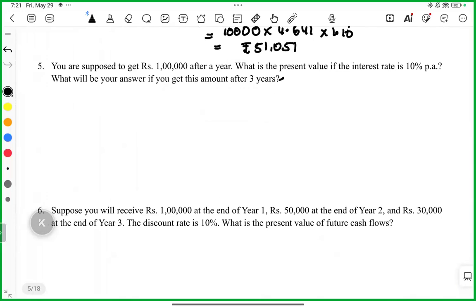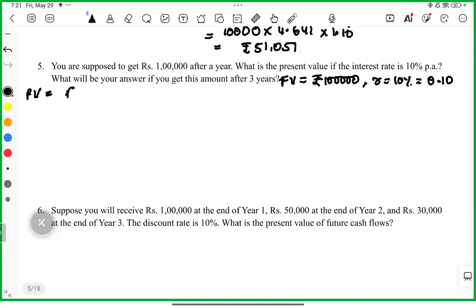So 1 lakh after 1 year means in future you are going to get rupees 1 lakh. So 1 lakh is future value. Interest or R is 10%. We also call this 0.10. So what will be the value today of the 1 lakh you will receive after 1 year? So basically you have to find out the present value.